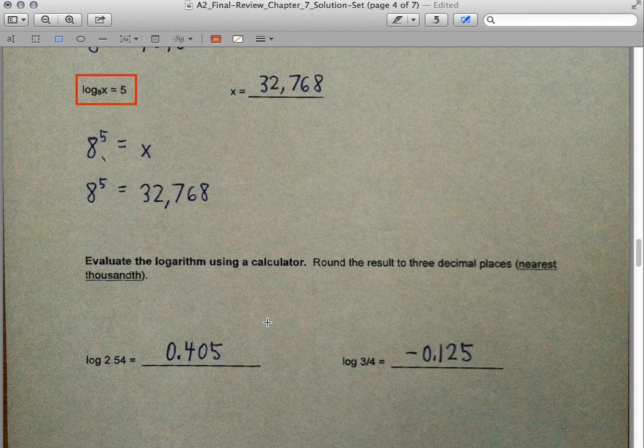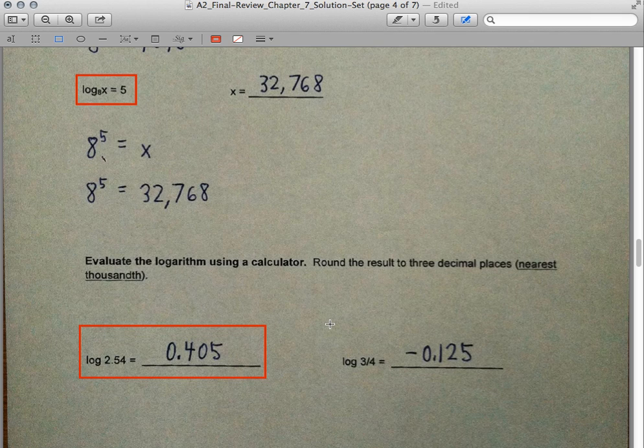We learned that our calculators, our basic calculators, work with base 10, so logarithm base 10. So if you are given a logarithm expression and the base is not stated, like here, the base is assumed to be 10. So this is essentially asking us, base 10, 10 raised to what power produces 2.54?